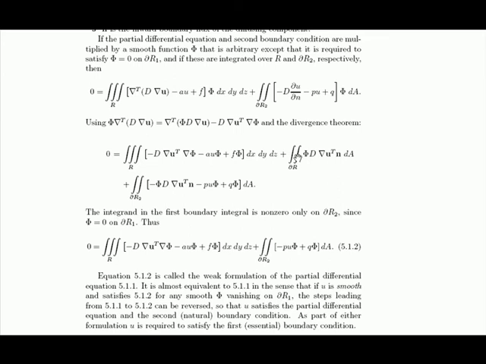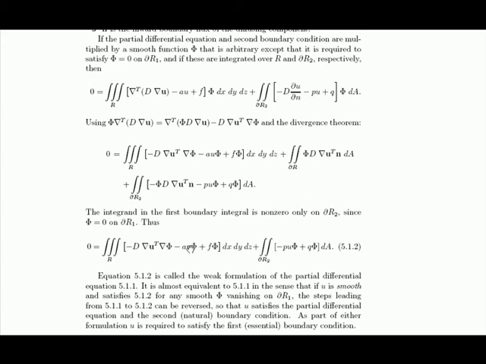And these two terms just cancel, and we get that. So basically from here to here is just applying the multi-dimensional integration by parts. So this is essentially equivalent to that.